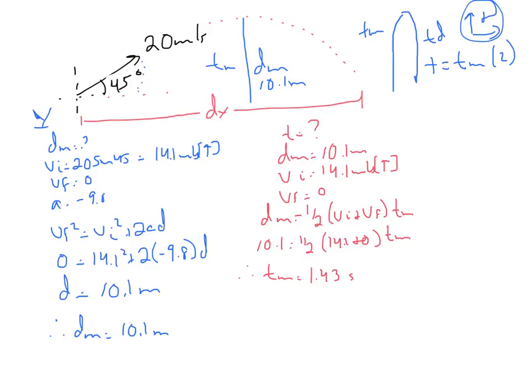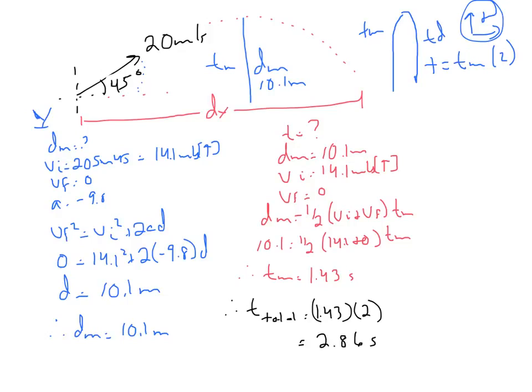Now the total time, as we said above, is going to be 2 times that. Okay? So therefore, t total is going to be 1.43 times 2, which is going to be 2.86 seconds.